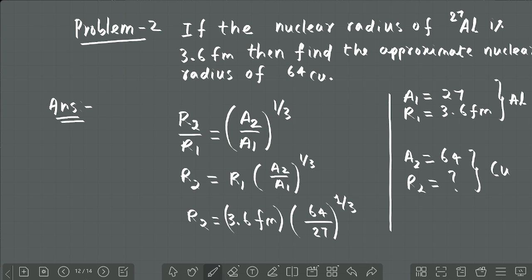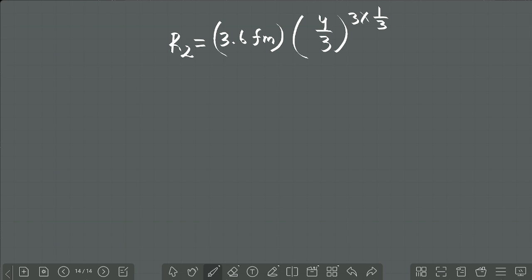So R2 is 3.6 fermi into 4 by 3 to the power cube into 1 by 3.